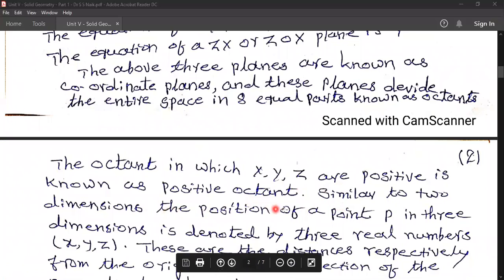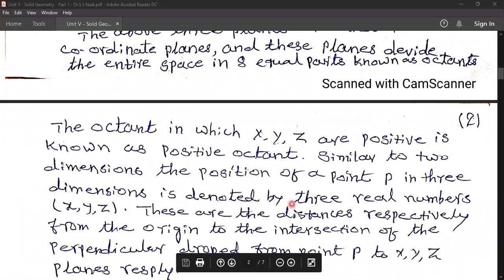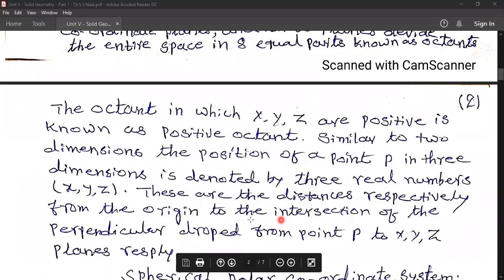The position of a point P in three dimensions is denoted by three real numbers x, y, z. These are the distances from the origin to the feet of the perpendiculars dropped from the point P to the coordinate planes.